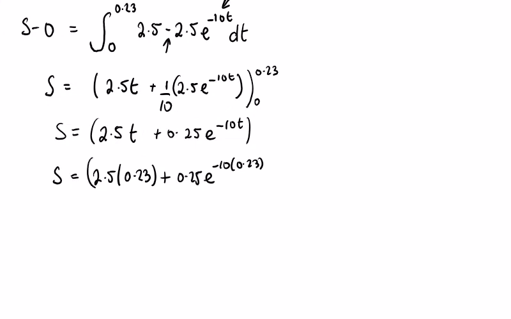A bit more room here, and then minus 2.5 by 0, so we can put that in if you want to see it. 2.5 by 0 plus 0.25 e to the power of 0.